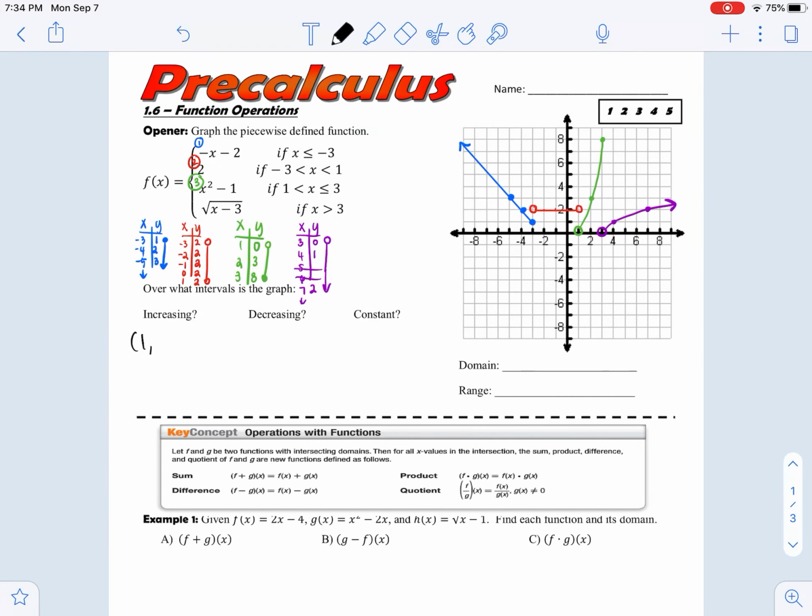So I'm going to say from 1 to 3, and then again from 3 forever. Decreasing. The blue piece is decreasing. Negative infinity to negative 3. Constant, the red piece is constant. Negative 3 to 1.